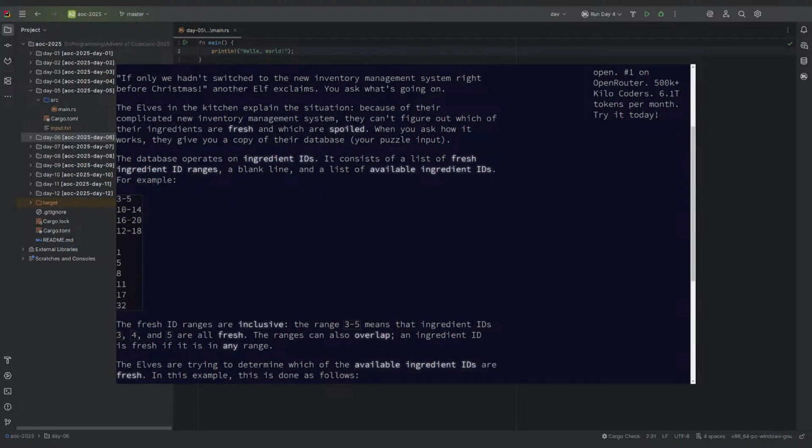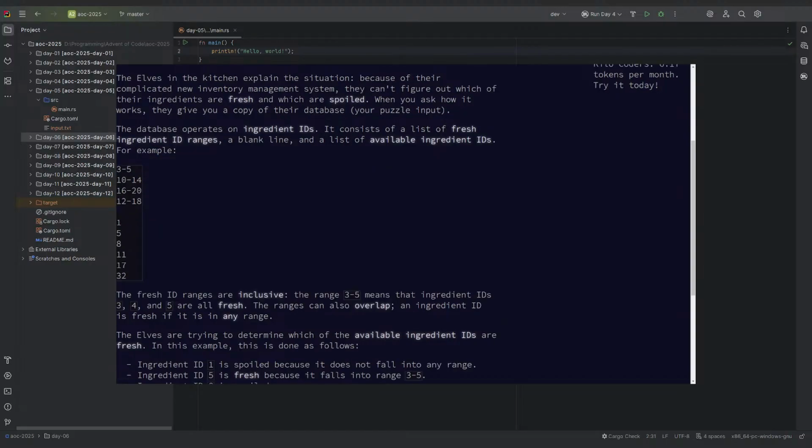Because of their complicated new inventory management system, they can't figure out which ingredients are fresh and which are spoiled. Yeah, there's a hover text there which I don't know what it's a reference to. When you ask how it works, they give you a copy of their database. Oh dear. The database operates on ingredient IDs. It consists of a list of fresh ingredient ranges, a blank line, and a list of available ingredient IDs.